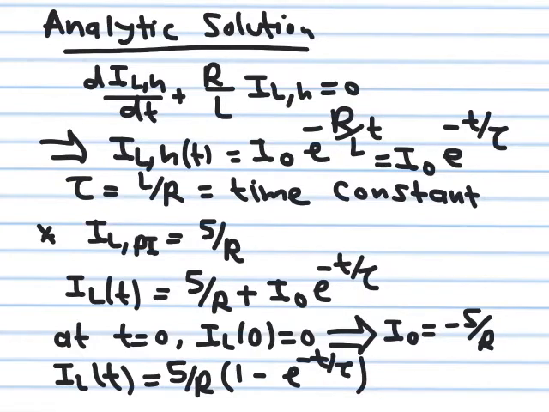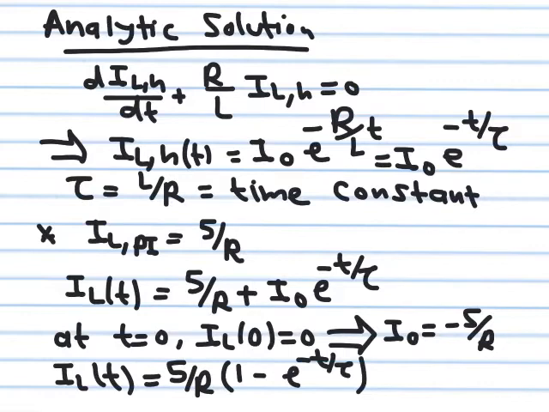So tau here is called the time constant of the circuit. It determines how fast the inductor current builds. So the smaller the tau, the faster the charging, the building up of the inductor current is going to go.